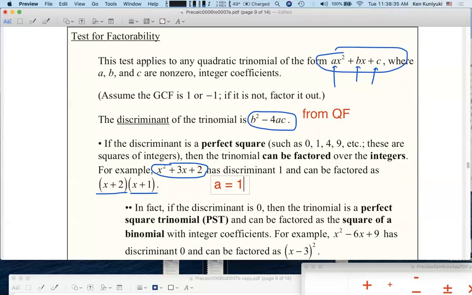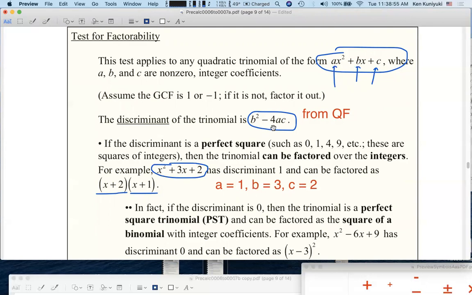Here, a equals 1, that's the leading coefficient. B equals 3, that's the coefficient on x. And c equals 2. That's the constant term here. Bear in mind, if any of these are negative, make note of that. That's one reason why it's good to write these out, or type these out.